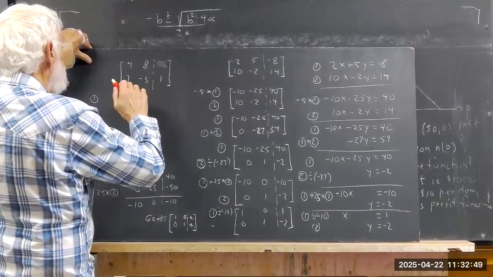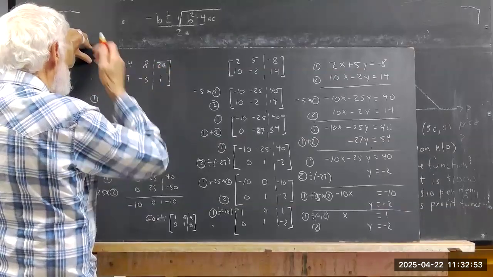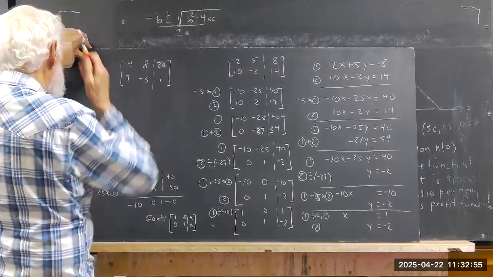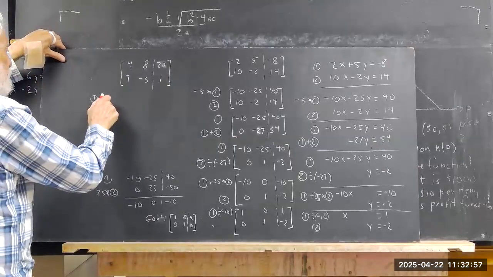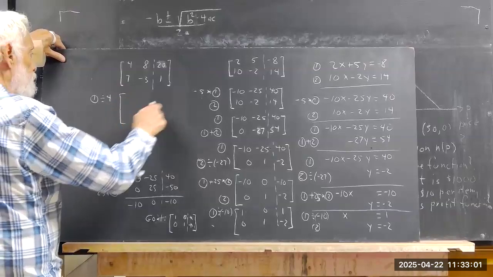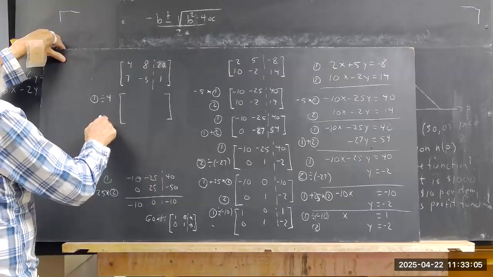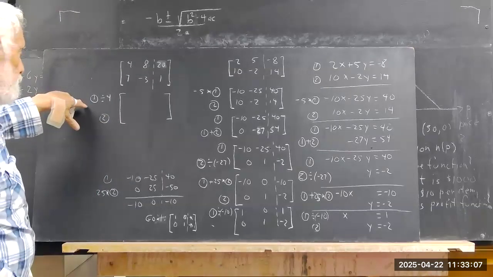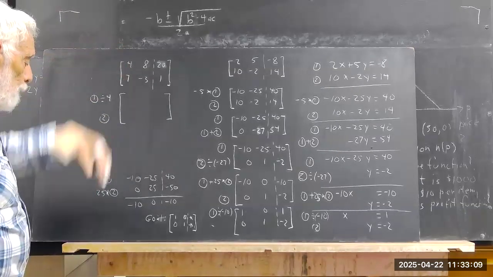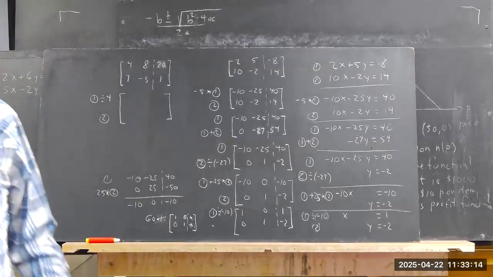I changed row 1 so I wouldn't get a fraction when you do this, so you won't get a fraction. So let the first step be to divide row 1 by 4. And then you figure out what to do next.